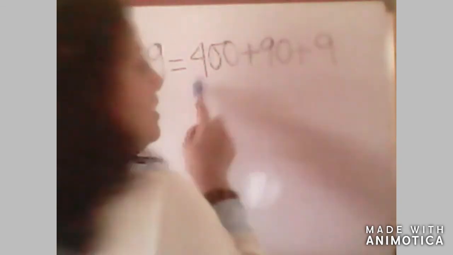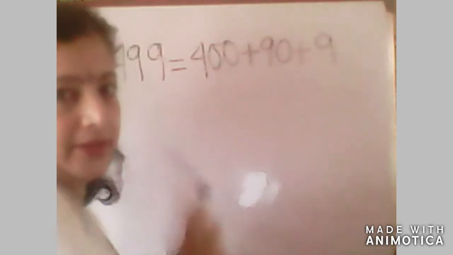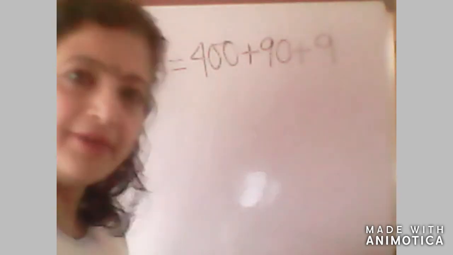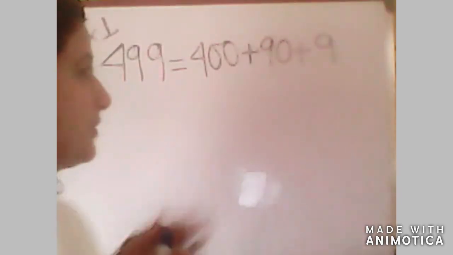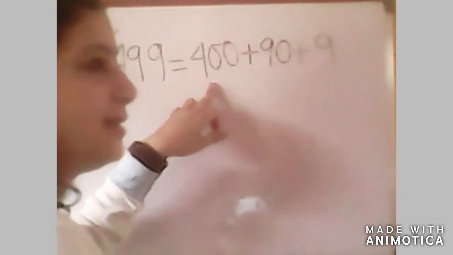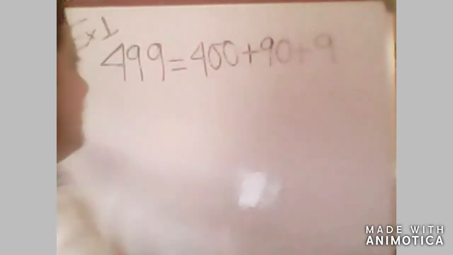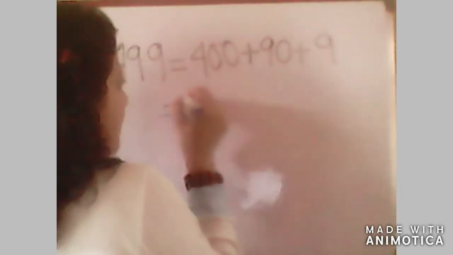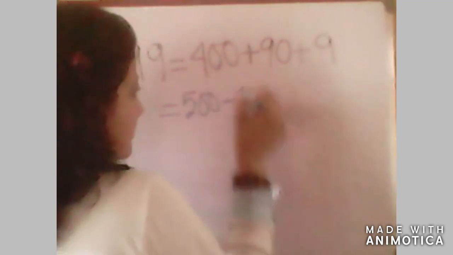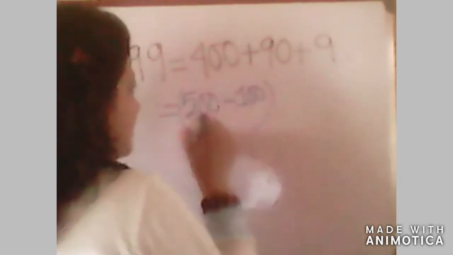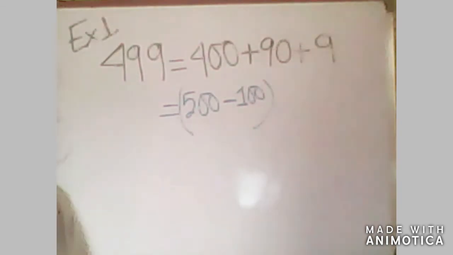Then we have to see the next bigger number after 400, that is 500, means D. So 500 minus 100 is equal to 400. So here we are writing 500 minus 100, which also gives us 400.